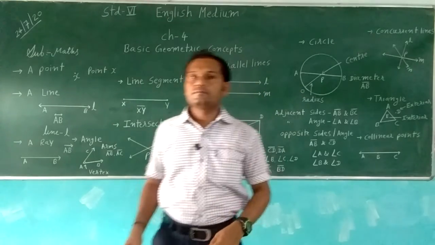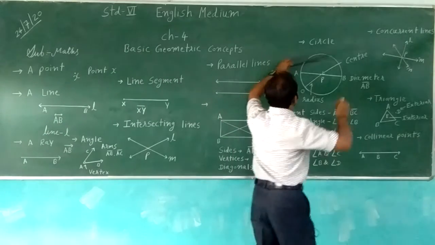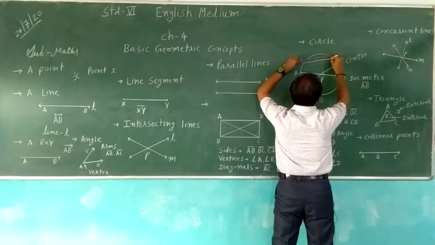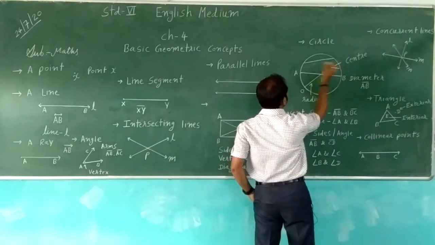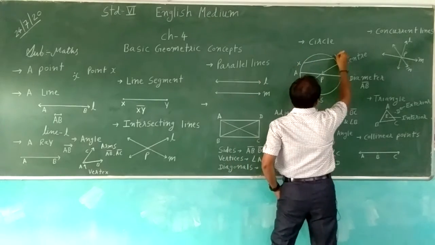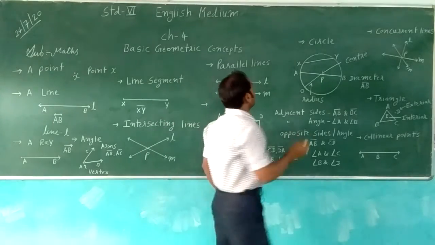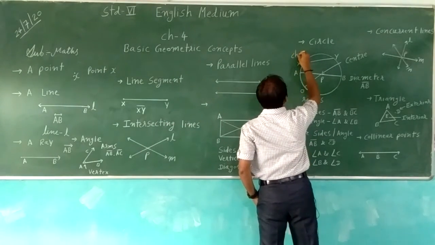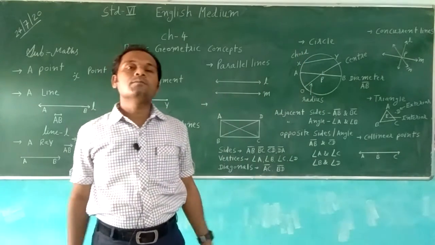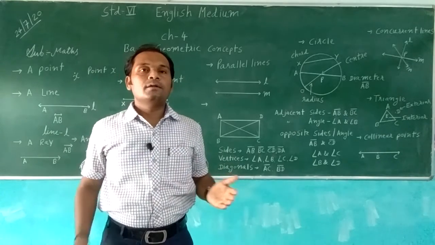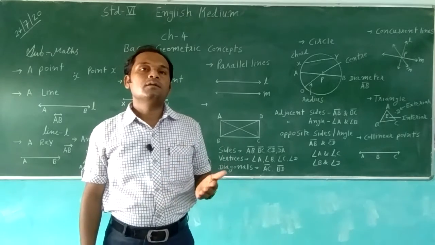If a line passes through the circle and has two endpoints, but the line is not passing through the center of the circle, it is called a chord. A chord of the circle is a line which does not pass through the center and both endpoints lie on the circle boundary.